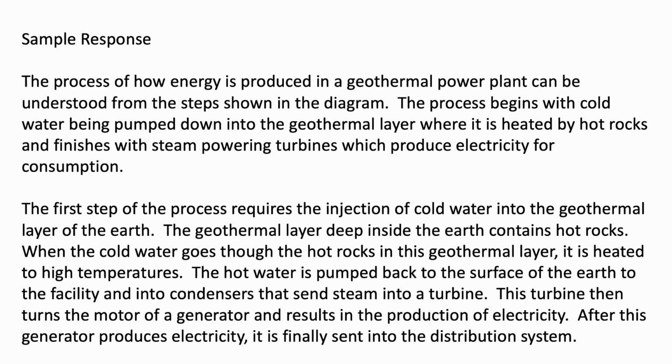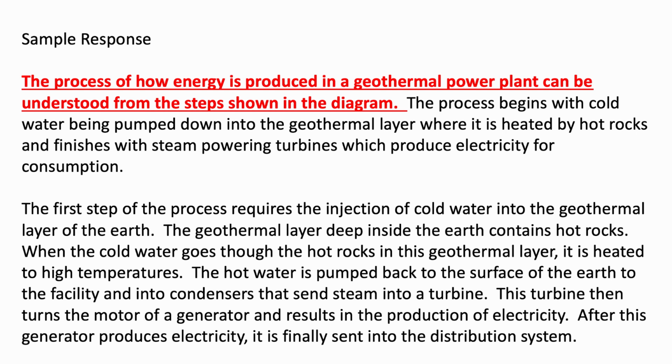Can you identify the parts of this Task 1 writing? Do you see where this first sentence here is paraphrasing the prompt? The process of how energy is produced in a geothermal power plant can be understood from the steps shown in the diagram. This is a paraphrase in different words, in my own words, of what is said.